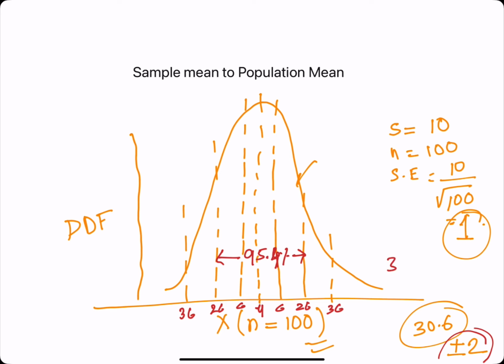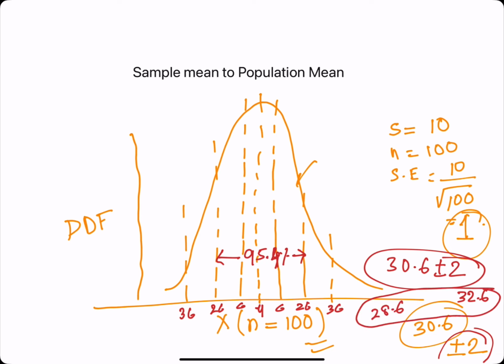Therefore, the confidence interval can be written as 30.6 plus minus 2. This means, in other words, that the population mean will fall within the range of 28.6 and 32.6 with a confidence of 95.4%.